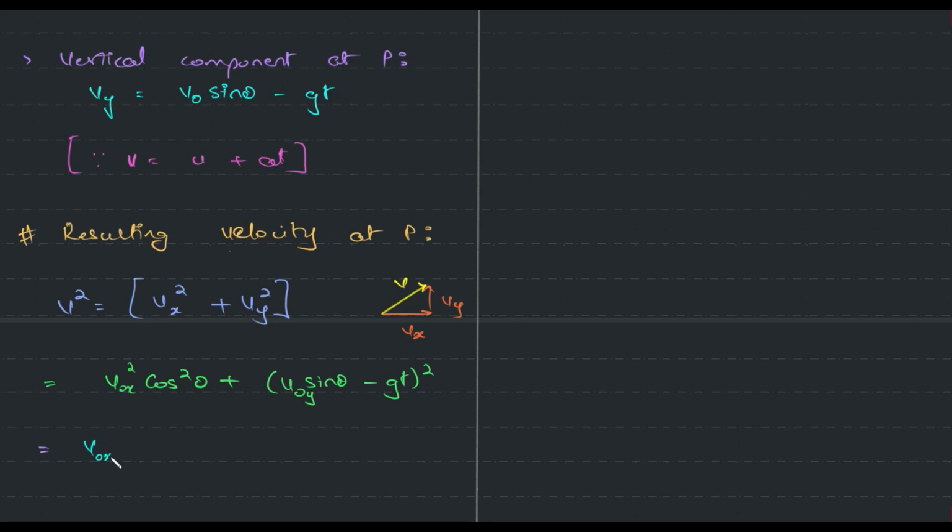So v naught x square cos square theta. So v square sine square theta plus g square t square minus 2gt v naught y sine theta. And this too will lead to, oh, that will not resolve anything.